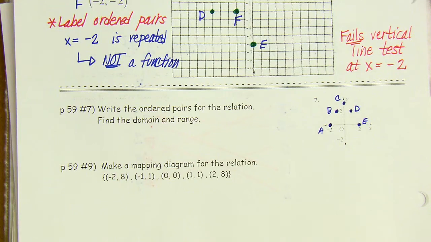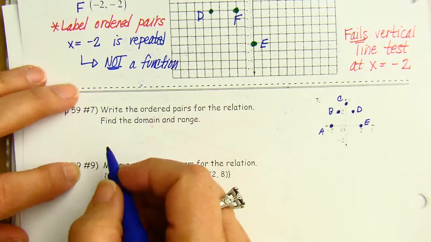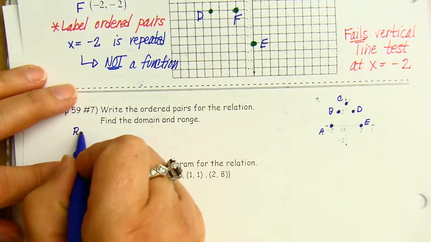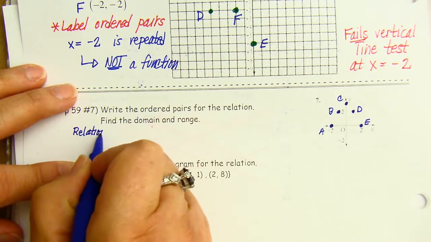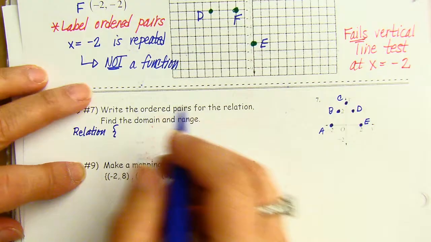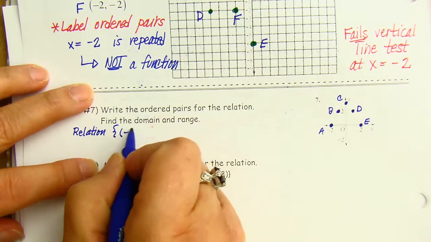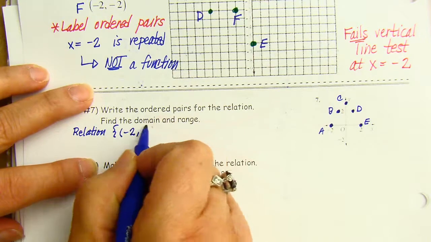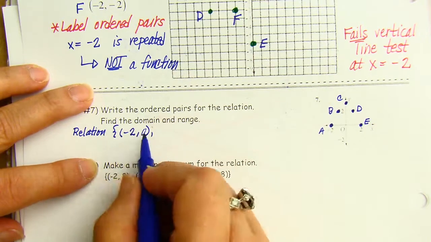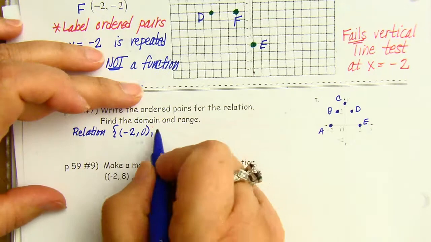All right. So when I write my relation, here's my relation. I'm going to put those ordered pairs in there. I've got -2, x is -2, y is 0. It's important that you use parentheses because they're ordered pairs, and it's important that you use the braces because you have a set of ordered pairs.